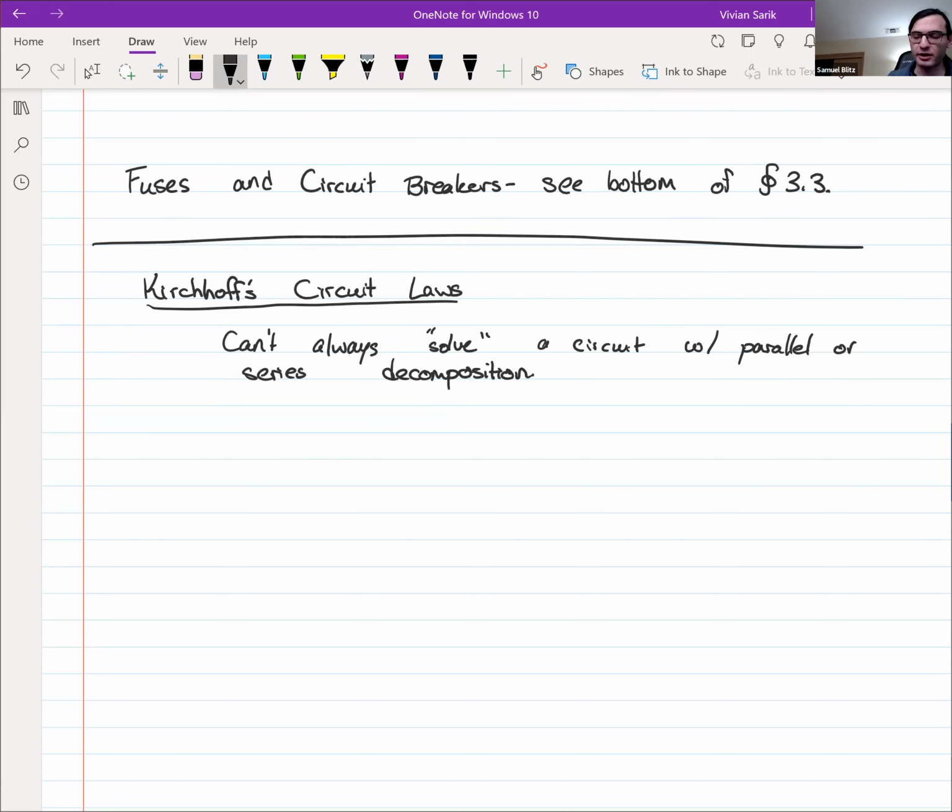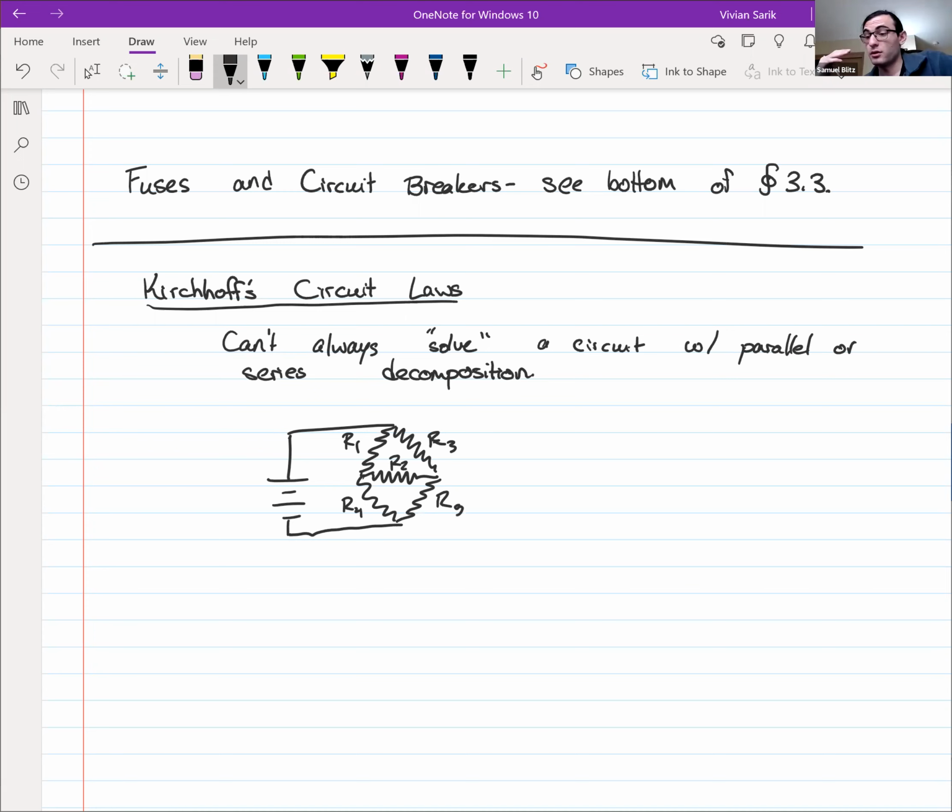Let's say that you have a battery, let me draw it a little bit smaller. You have a battery, and then you have what's called a Wheatstone bridge, a bunch of resistors hooked up like this. And you have R1 and R2 and R3, and then R4 and R5.